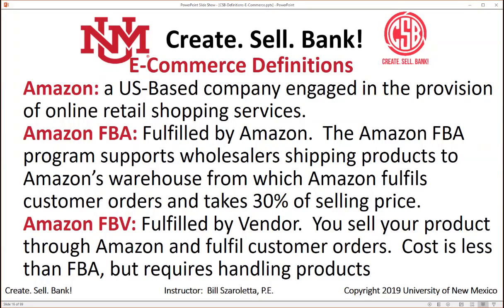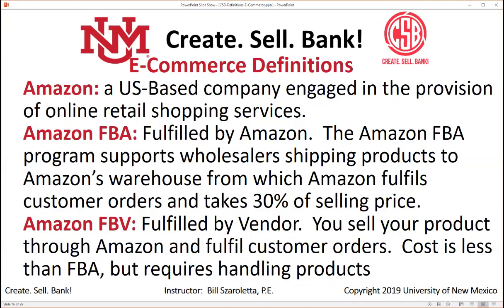The Amazon FBA program supports wholesalers shipping products to Amazon's warehouse, from which Amazon fulfills customer orders, and they take 30% of the selling price. So essentially, you do the marketing, you get sales, you send those through Amazon, and the sales are through Amazon, and the 30% comes off.